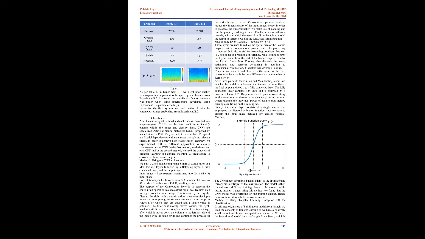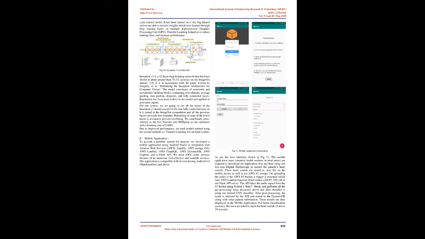In order to achieve high classification accuracy, we experimented with 2 different approaches to classify spectrograms using CNN. In the first method, we designed our own CNN, and in the second method, we used the concepts of transfer learning and applied Inception v3 architecture to classify the heart sound images.